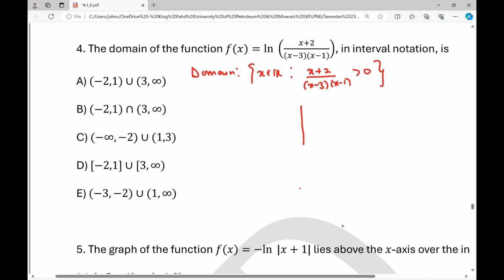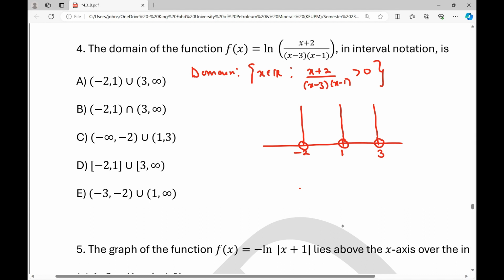So what do we do here? We put the zeros. What are the zeros? So x equals to minus 2 is the smallest, followed by 1, then followed by 3. And all of them have to be open, right? So minus 2 is coming from the numerator, which is this. And 3 and 1, they're coming from the denominators.